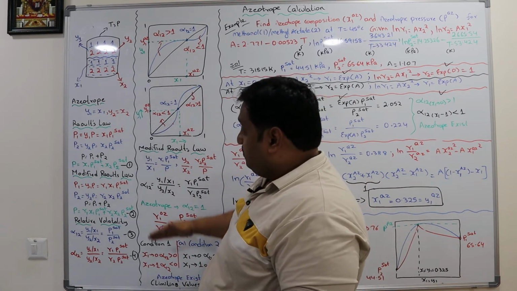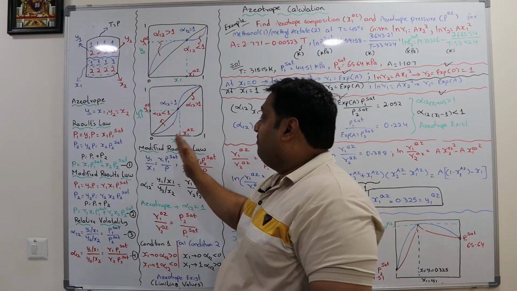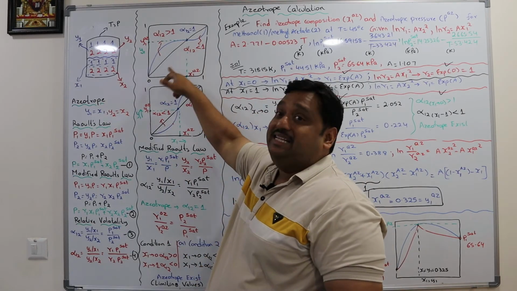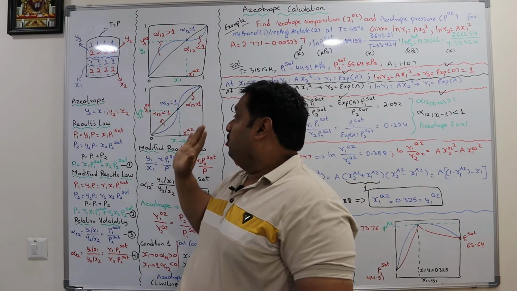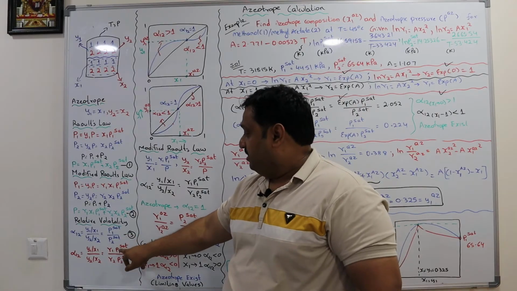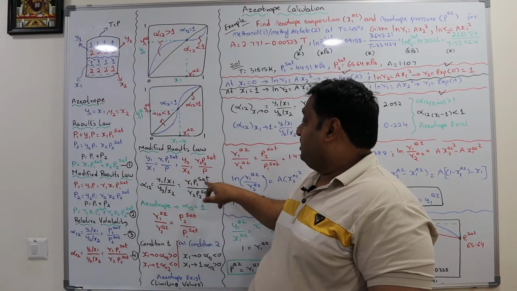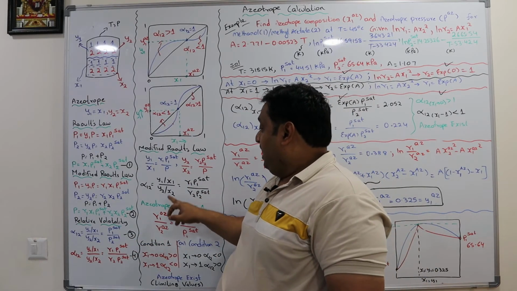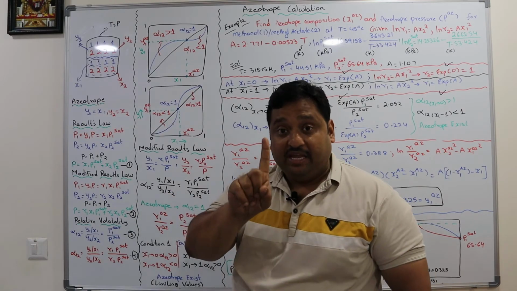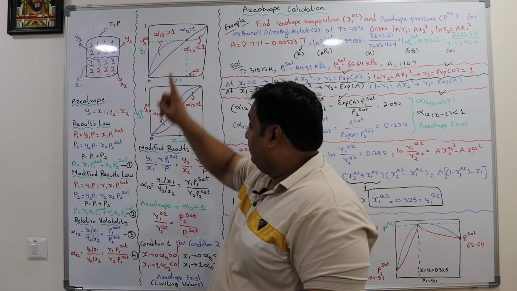Using this procedure, that is, using the modified Raoult's law, we can meet these conditions and then form the azeotrope. The relative volatility from here is gamma 1 P1 saturated divided by gamma 2 P2 saturated. Then at the azeotropic composition, alpha 12 will be equal to 1, exactly at this point.